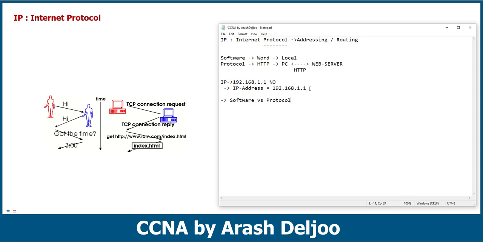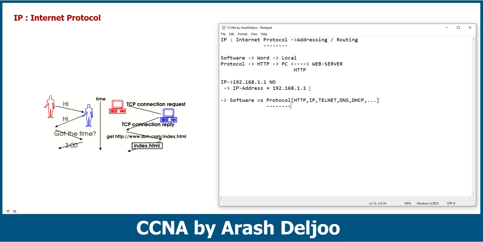Here we don't have any local software, we have only protocols. Many protocols exist, for example HTTP, IP, Telnet, DNS, DHCP and others. You will learn about some of these protocols in this class, and other protocols in future classes, CCNP or others.